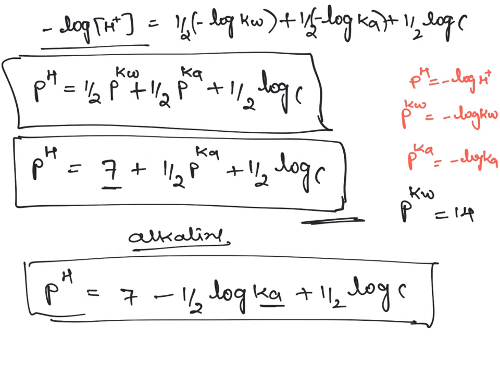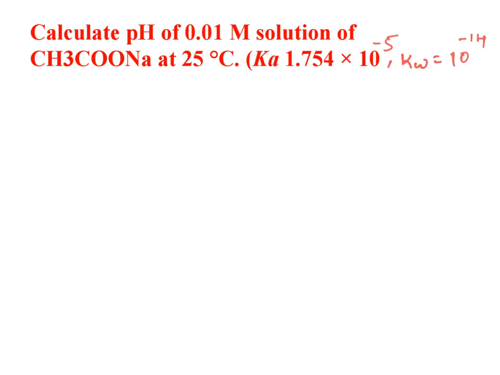Let's take one problem on this concept. Calculate the pH of 0.01 molar solution of sodium acetate at 25 degrees. They have given data of acid dissociation constant and Kw.